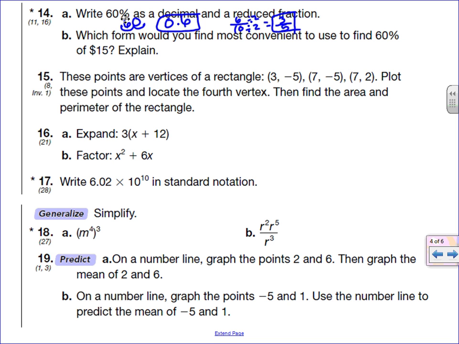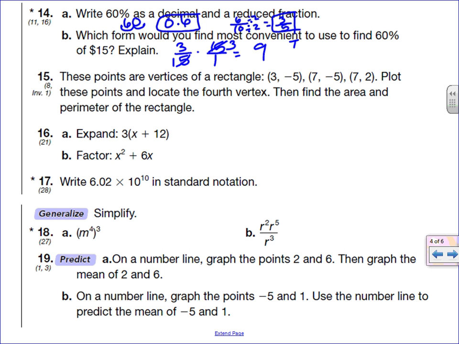That's kind of difficult. So if I tried the fraction way, and I said 3/5 times 15, what that would tell me is I can divide 15 by 5, which gives me 3. 5 divided by 5 gives me 1, and then we have 3 times 3 is 9. Well, that's a lot easier than the other routes.